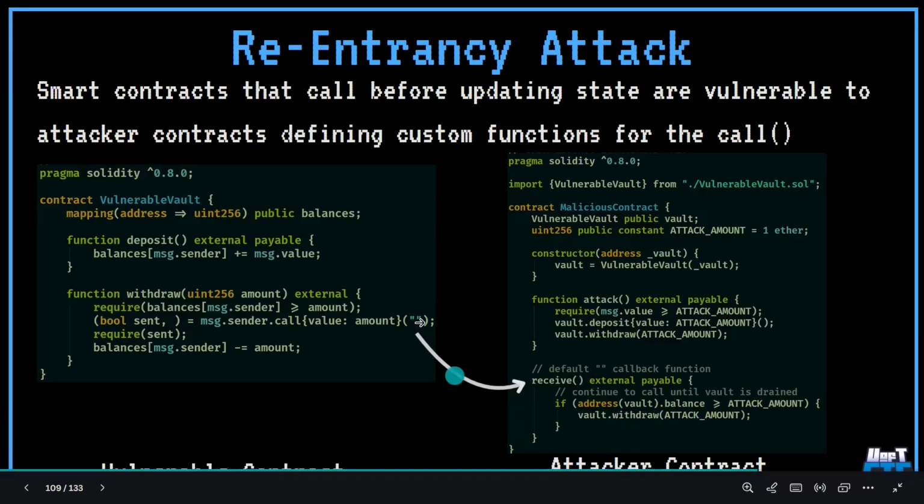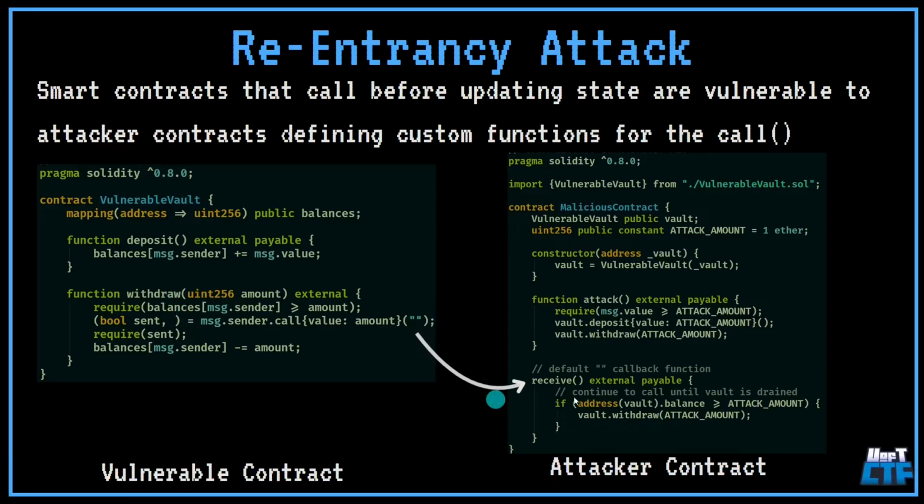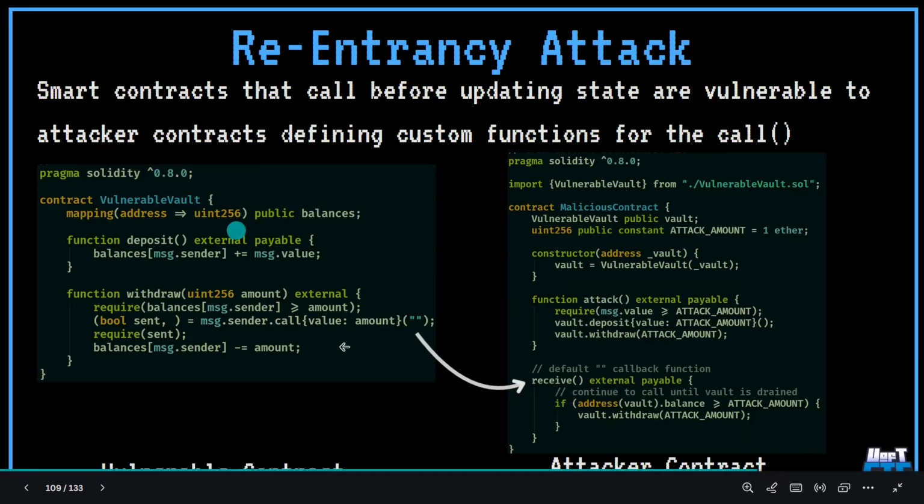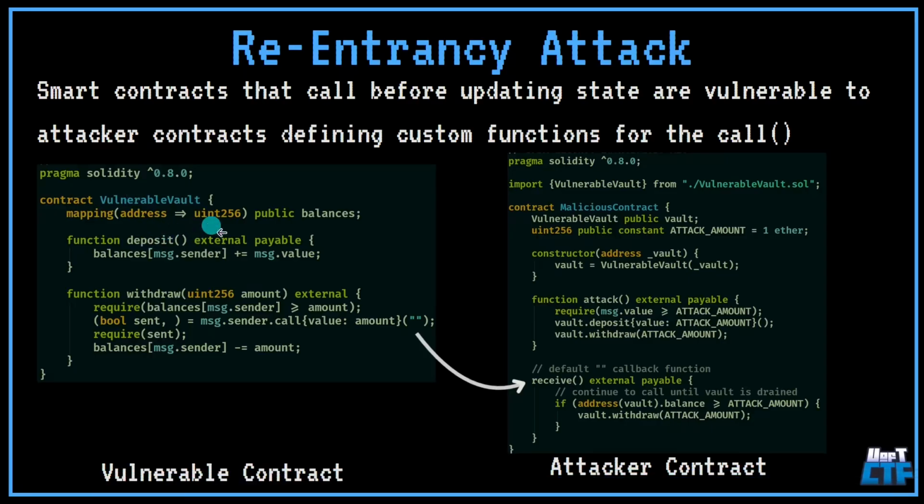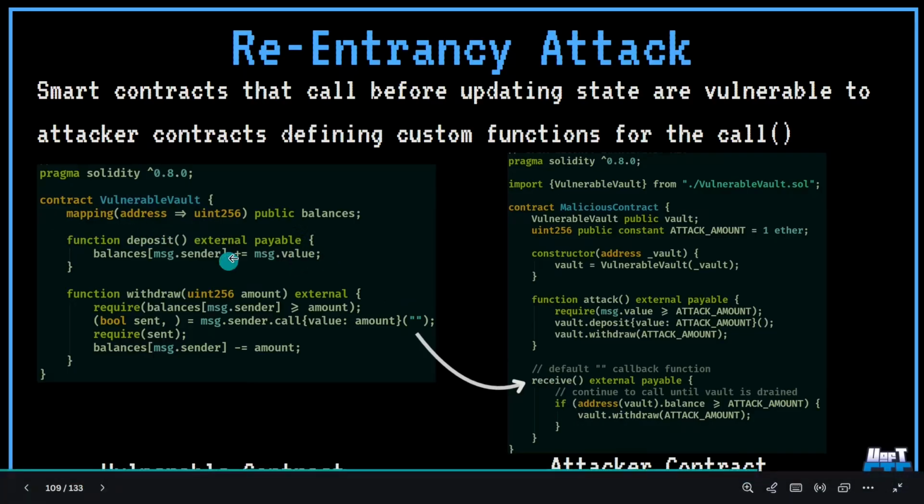So this calls withdraw, and then from this context, it sends a transaction here. So it continues to call back and forth, back and forth, until the balance is more than the amount. Essentially, this is a bank, or a vault that has a collection of money, enforced by a hash map.